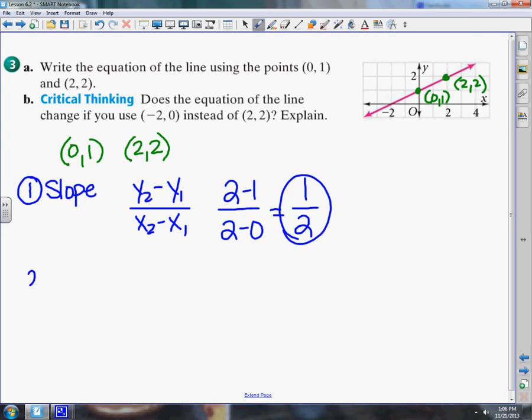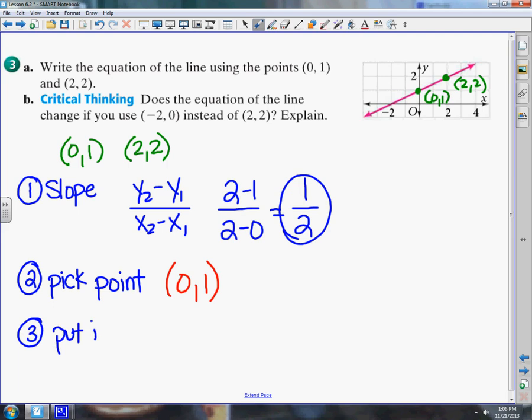Now step 2 is you're going to pick one of your points. So I'm going to pick (0, 1). And then step 3, you put in your slope, put in x, y, and m. Now, x and y are right here, and m is right here.